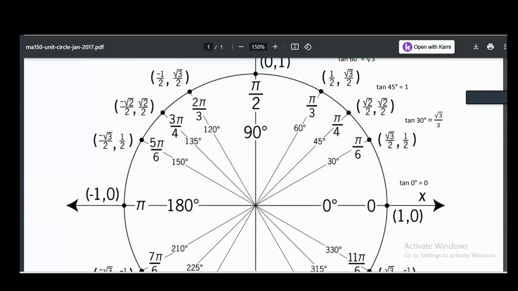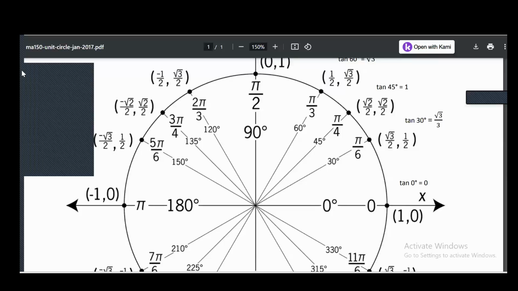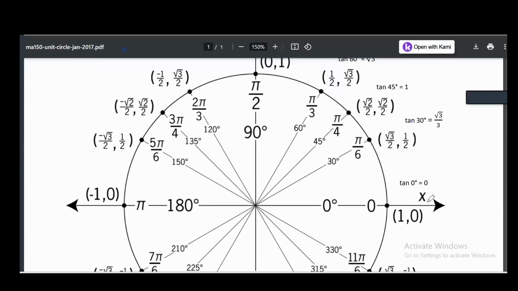Okay. So let me say that again. So x-axis, right? Straight across the x-axis. So cosine of 0 is going to be 1 for x, right? Cosine is x. And then on the other side, if I do half the circle at 180 degrees, what is cosine? Say it. What's x over here?